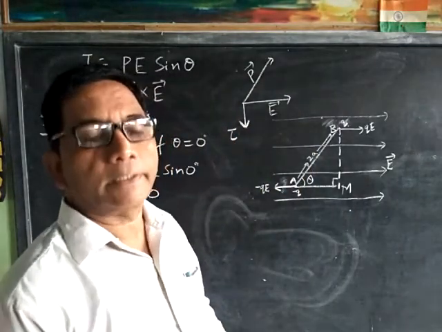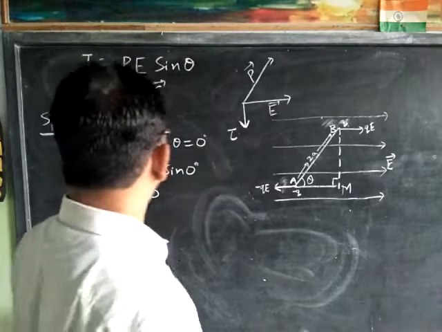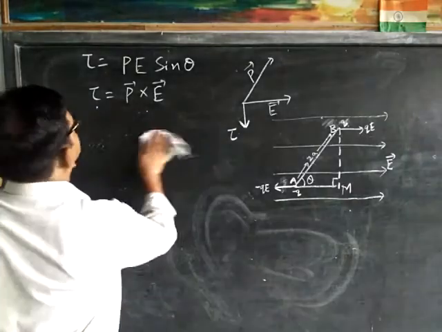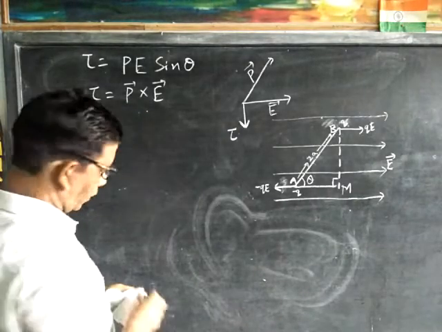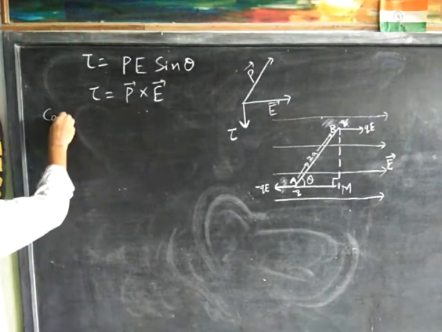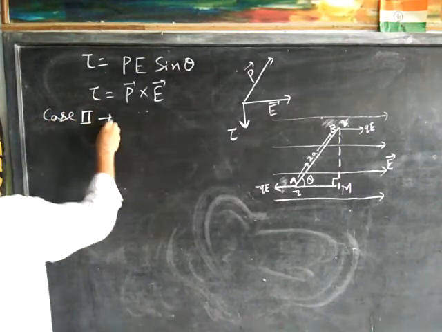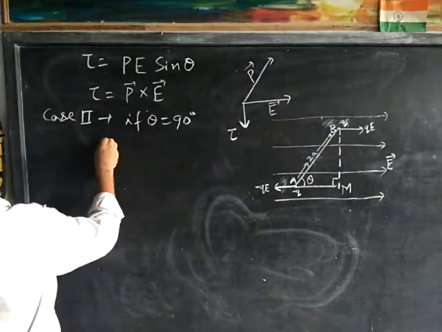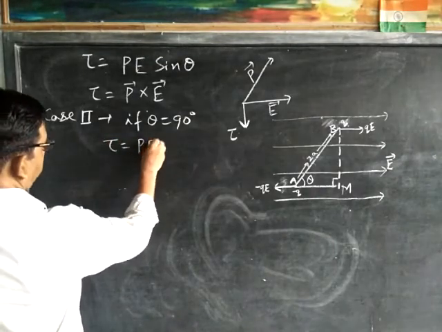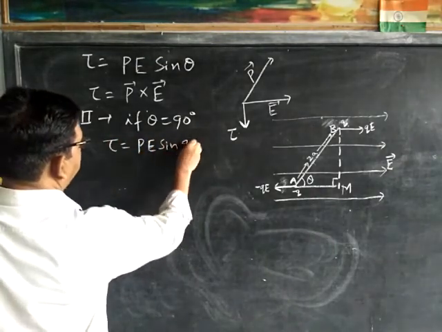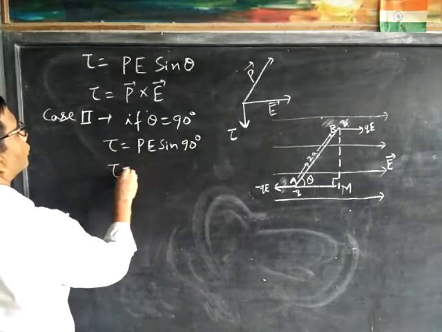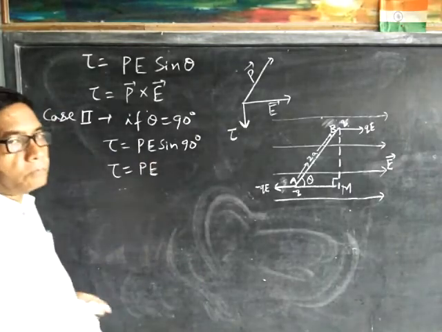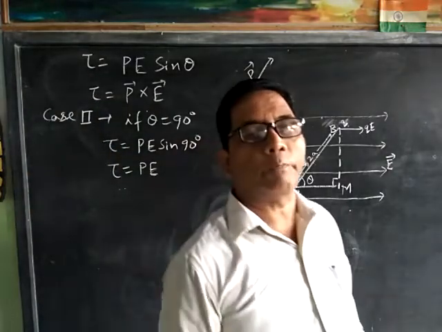Now we take case second. If theta is equal to 90 degree, then tau is equal to PE sin 90 degree, and sin 90 is equal to 1, so tau is equal to PE, that is, maximum torque acts on the dipole.